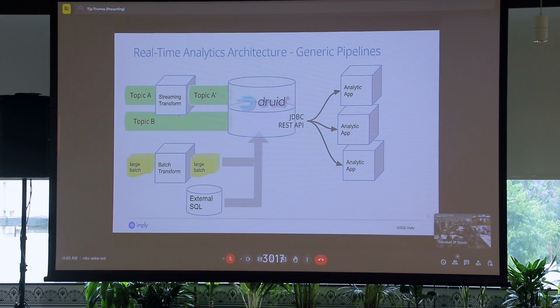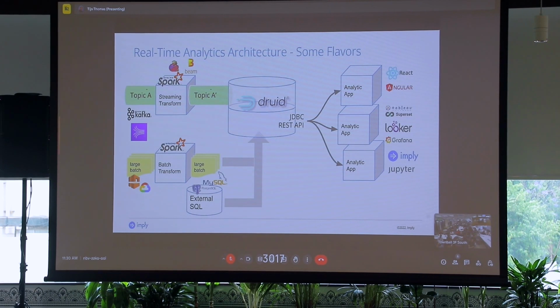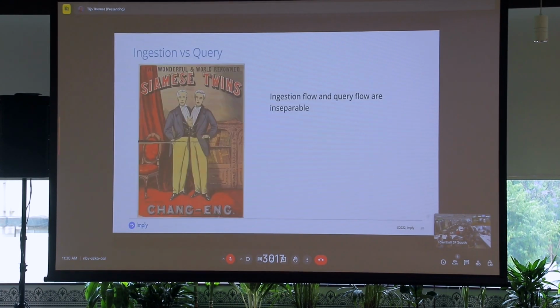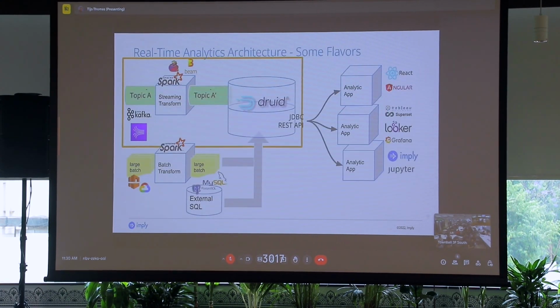So this is a typical real-time architecture. Let's say I'm just populating what that transformation would be. Yeah, like this. Now, my major focus is on what is within that red box.